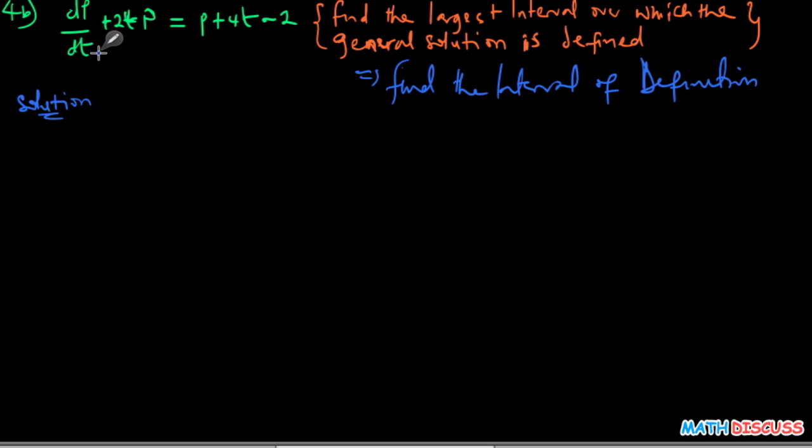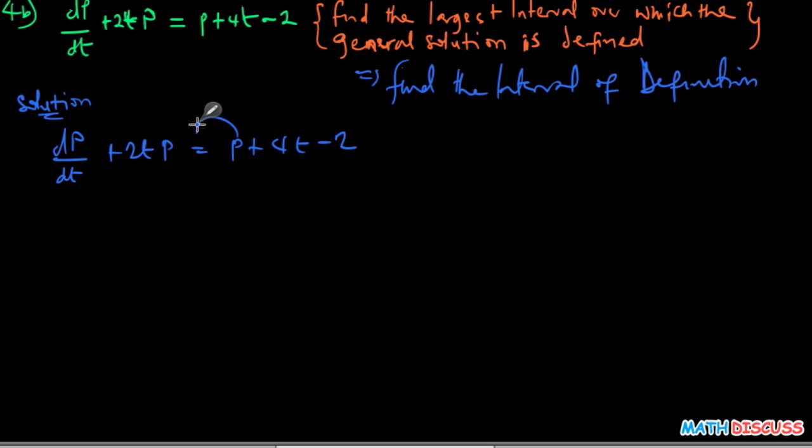So to find this, if you look closely, you observe I could rewrite this as a linear equation in standard form. Let me write what we have above: we have dp/dt plus 2tp equals p plus 4t minus 2.